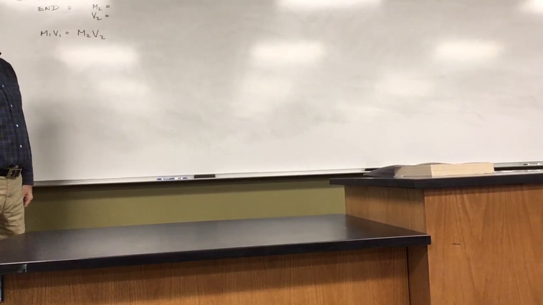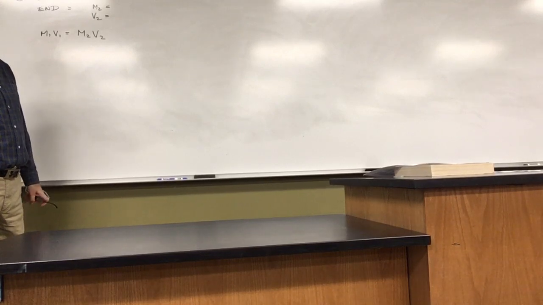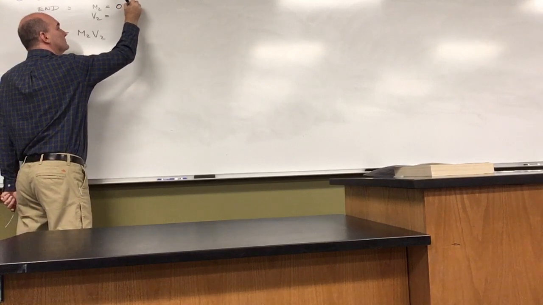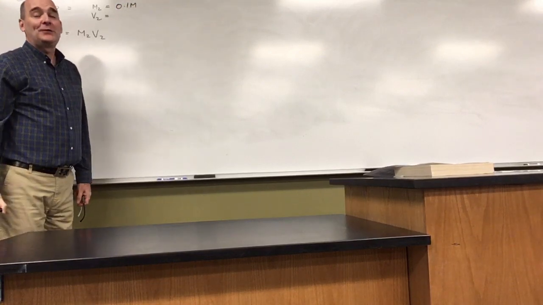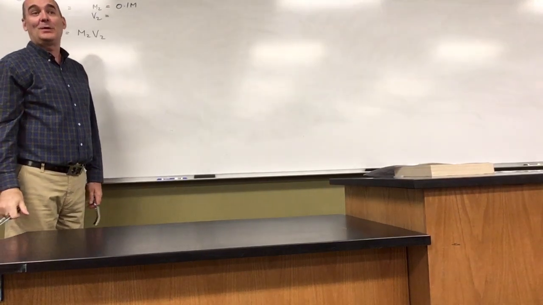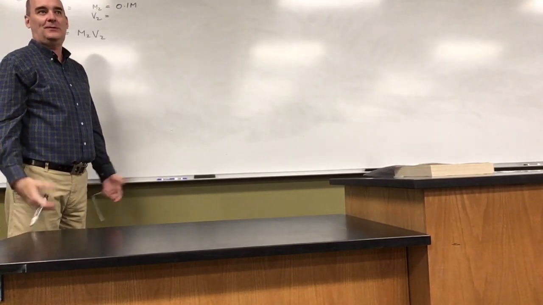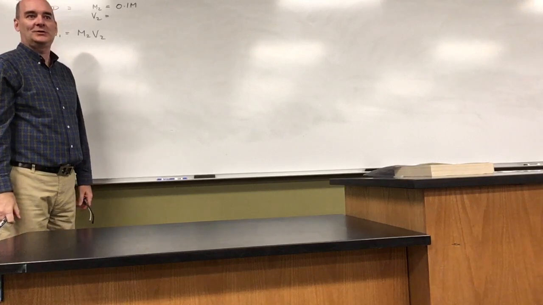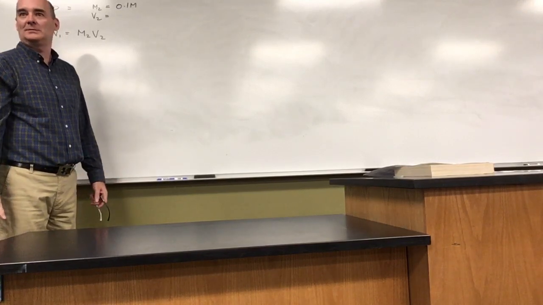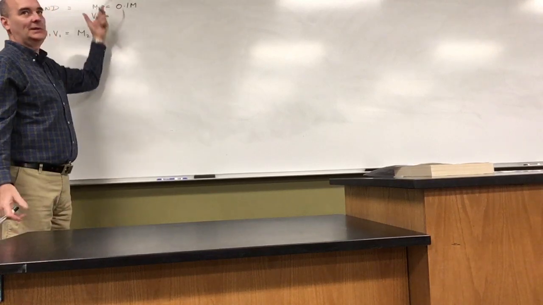What's my final molarity? 0.1. If the final molarity is higher than the initial molarity, then the question is flawed. It's a bogus question. It's busted. Because what you'd have to do would be evaporate the solvent off. So at least that's valid.